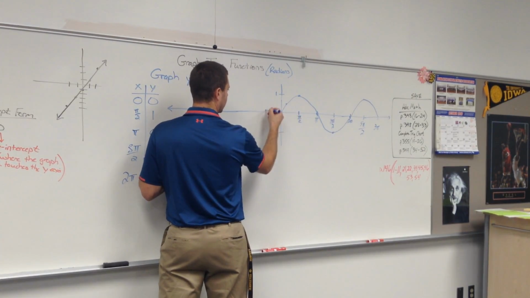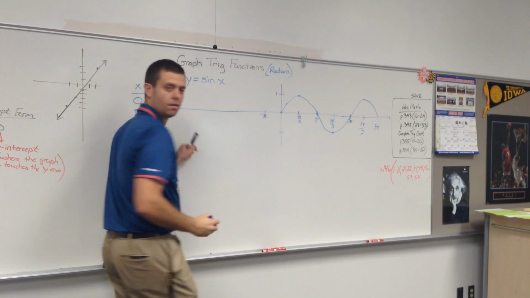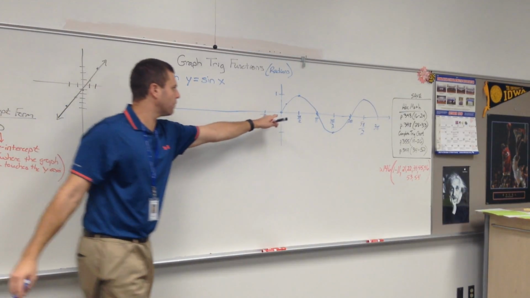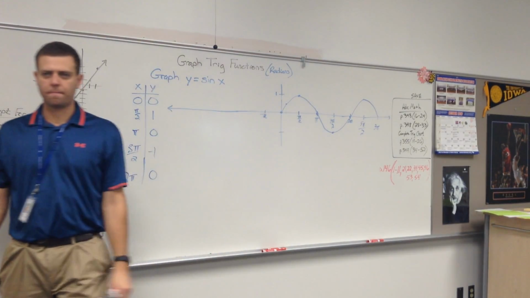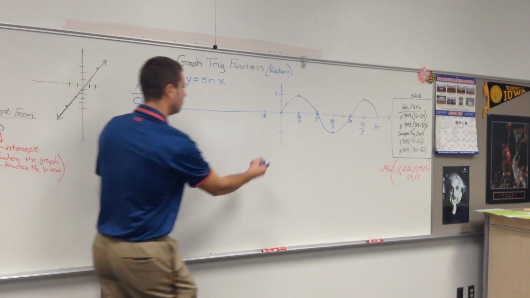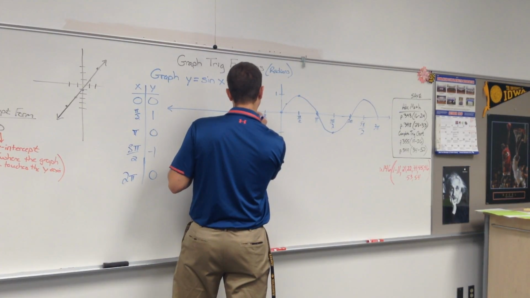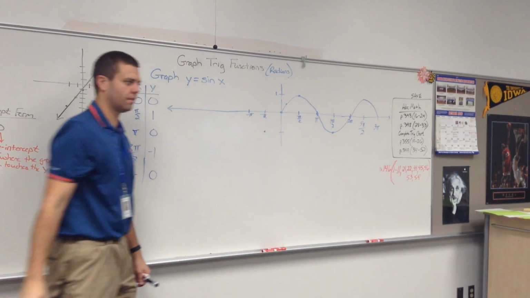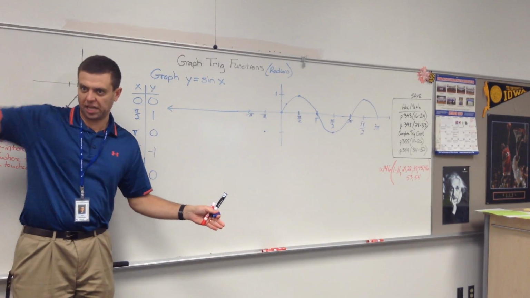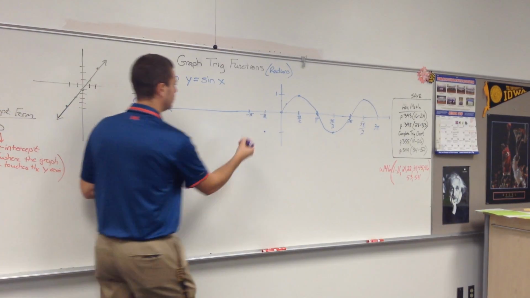So this would be negative pi over 2. When x is negative pi over 2, what's my y value going to be? Negative 1, down here. How about at negative pi? Negative pi means I'd go this way, so I'm over here. What's the sine value here? 0.